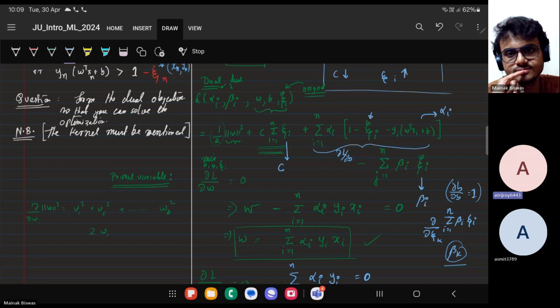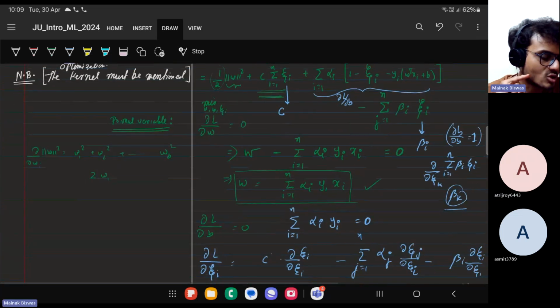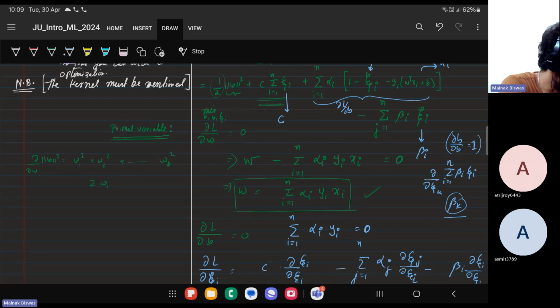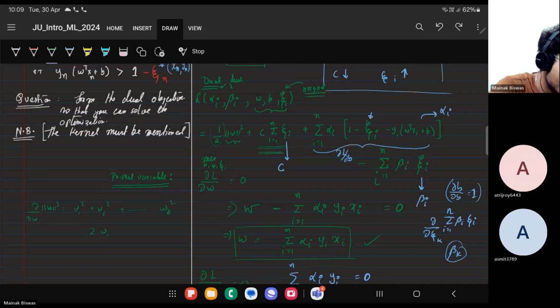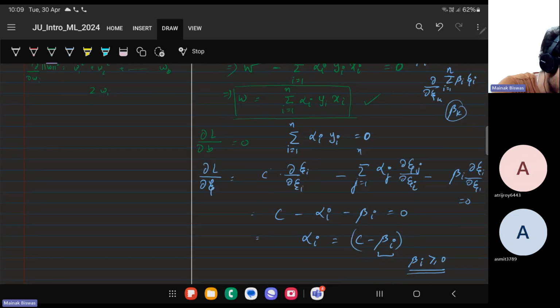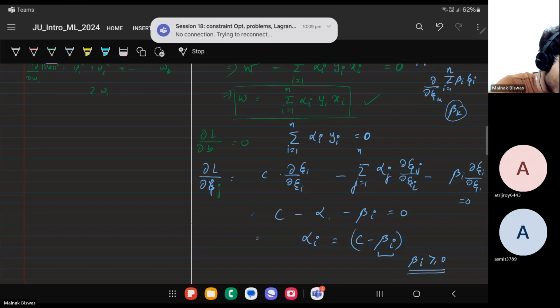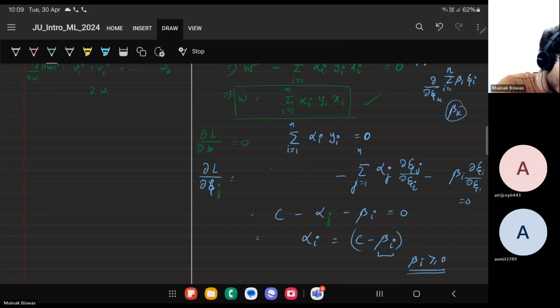Yes, I understood, but here I just wrote the same running variables, that's why you are getting confused. I'll put J in this equation.